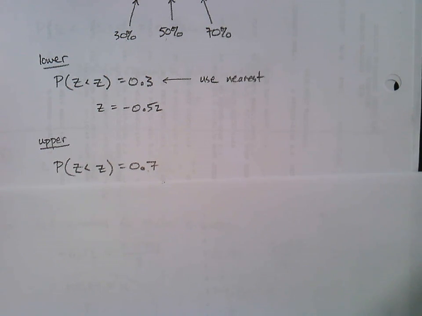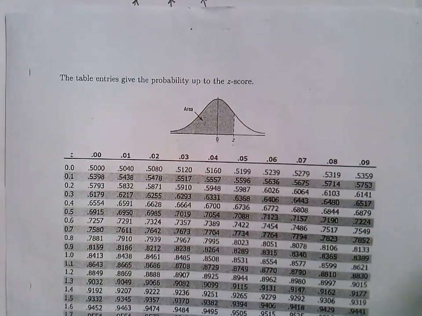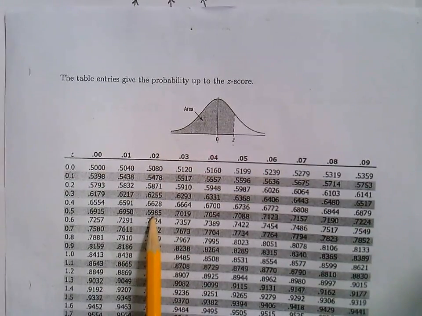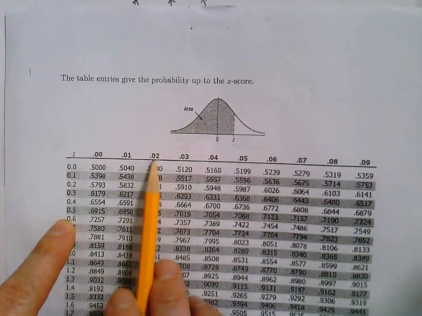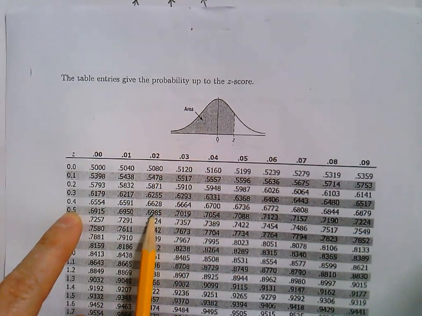If you need to pause so you can find the closest thing to 0.7 in your z table in the middle. Okay, so the closest thing you can get, just pull it up here, 0.6985.